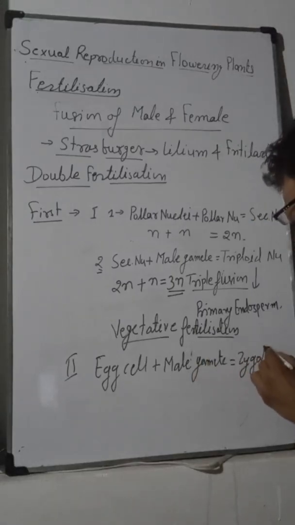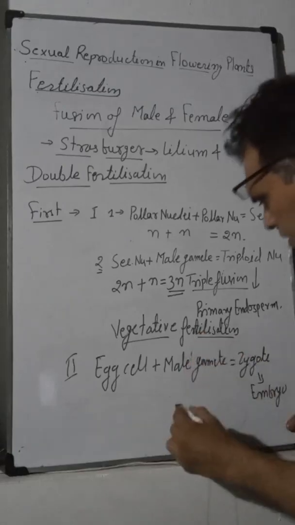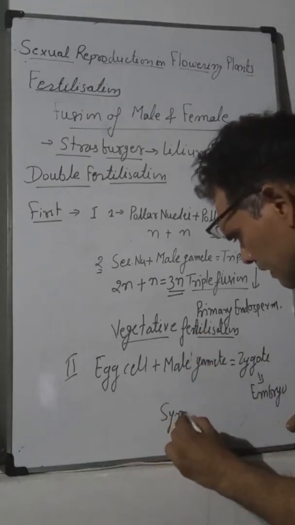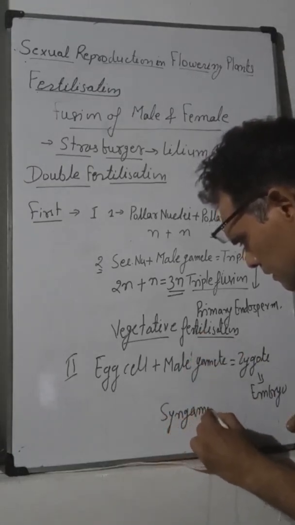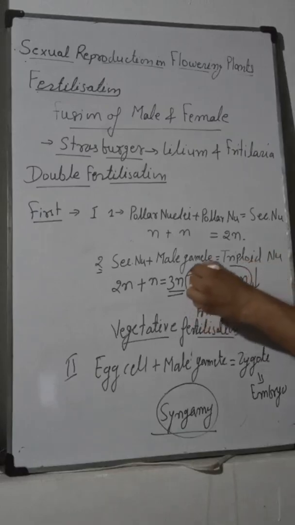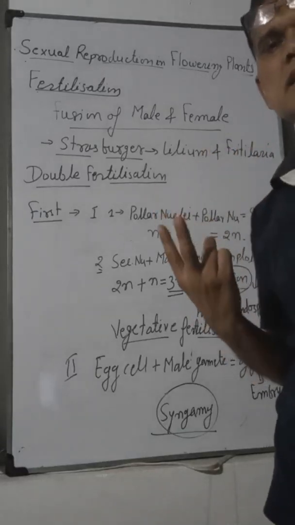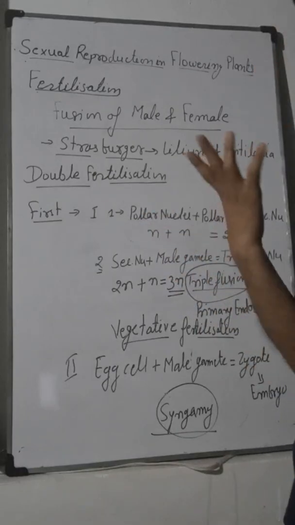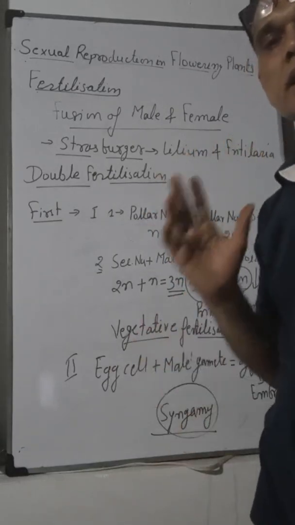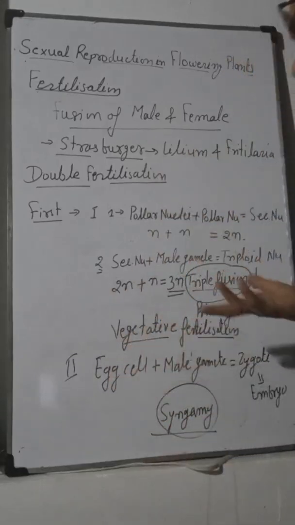It will form the embryo, and this process is known as syngamy. This is syngamy, and the other is triple fusion. So here two times fertilization is there. That's why it is known as double fertilization. It is the unique feature of angiosperms.